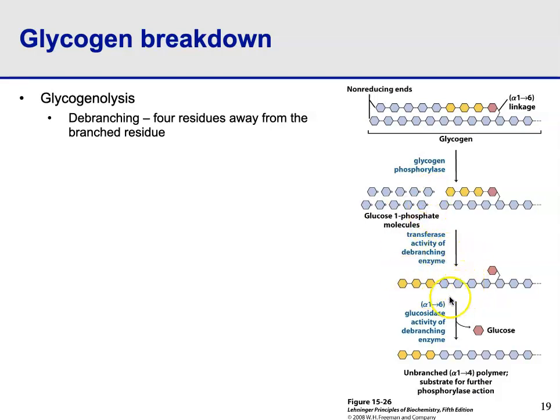Then, with alpha 1 to 6 glycosidase activity, it removes the alpha 1 to 6 O-glycosidic bond between these two glucose residues, and we end up with a linear chain. So that's how we handle the branches in glycogen.